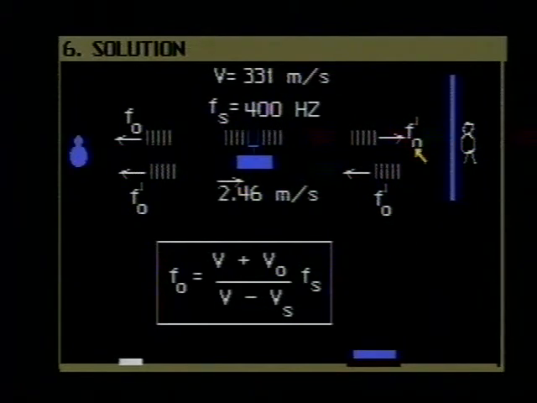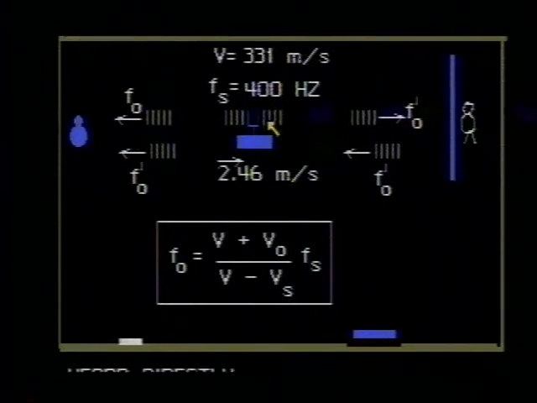For that case, the velocity of the source is towards the observer, and therefore v sub s is going to be positive. The velocity of the observer is again going to be 0. The velocity of the sound is the same as it was. The velocity of the source is the same as it was.